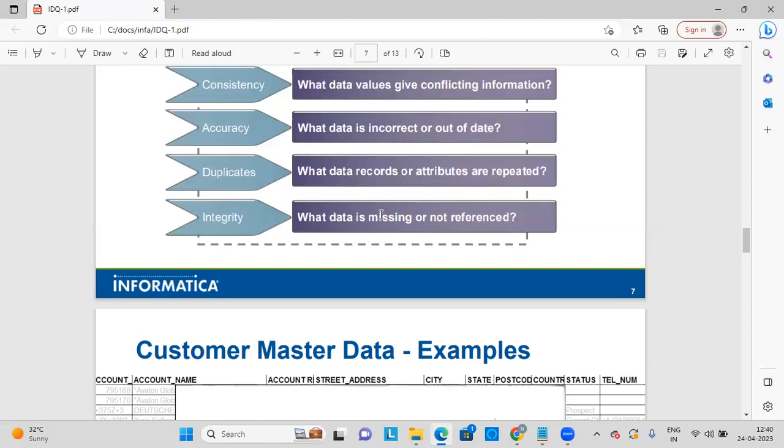Simple example to understand where exactly this particular integrity measure will be used, right? Likewise, we can think of many examples. For example, let us say we got customer data, and customer data should be driven based on what?